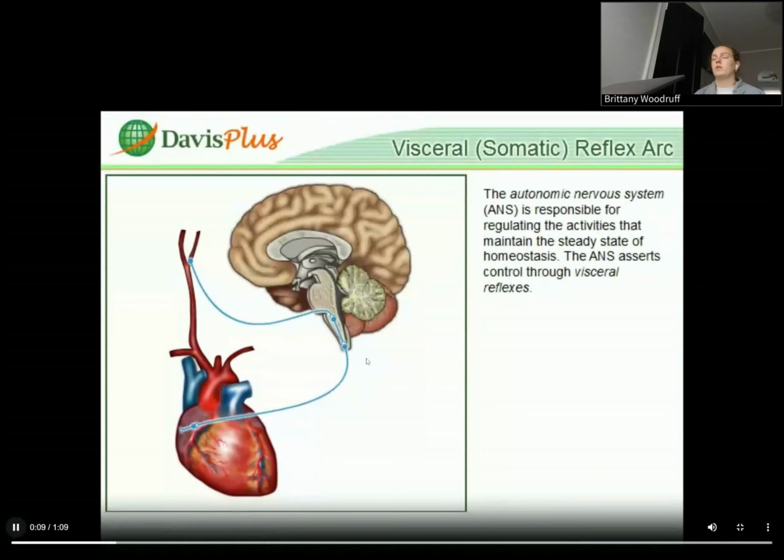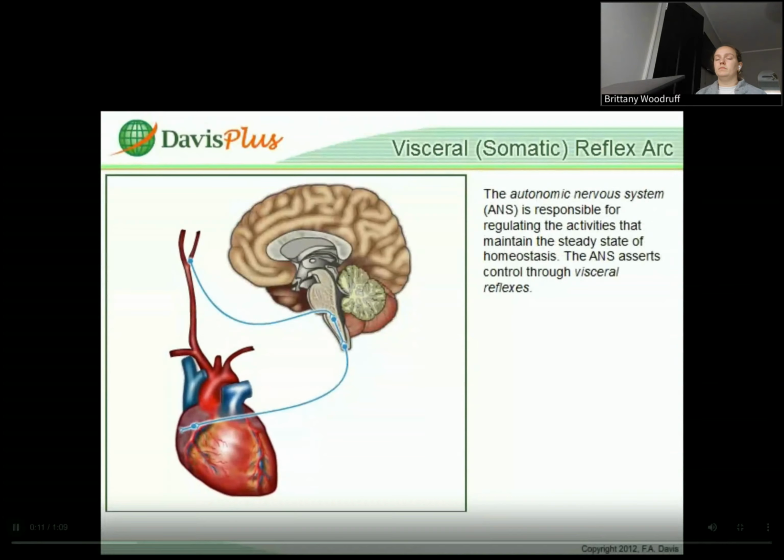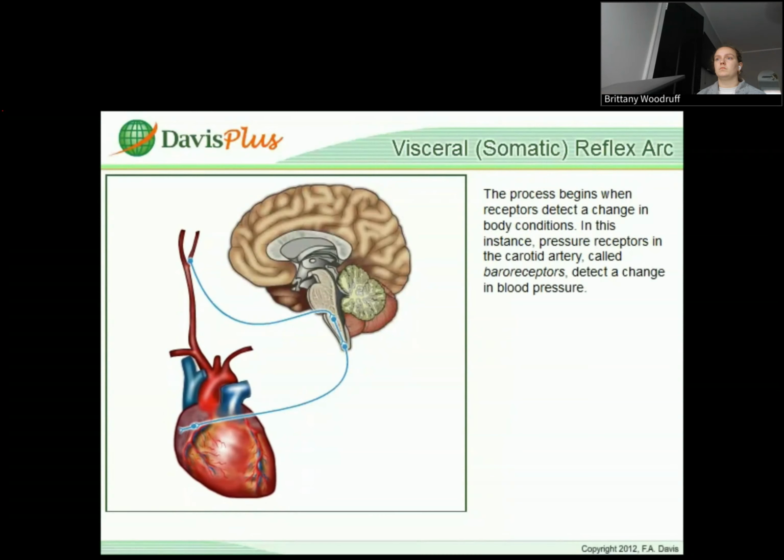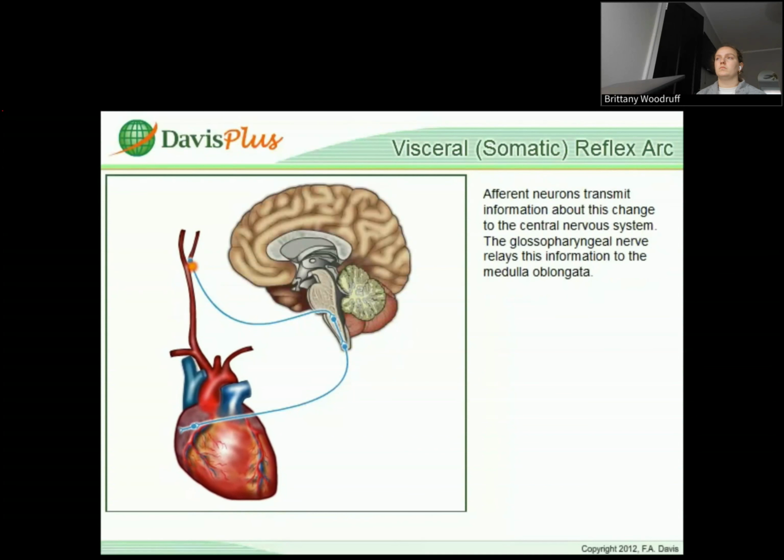The ANS asserts control through visceral reflexes. All visceral reflexes follow similar steps. To illustrate the process, let's look at the visceral reflex arc responsible for the regulation of blood pressure. The process begins when receptors detect a change in body conditions. In this instance, pressure receptors in the carotid artery, called baroreceptors, detect a change in blood pressure.